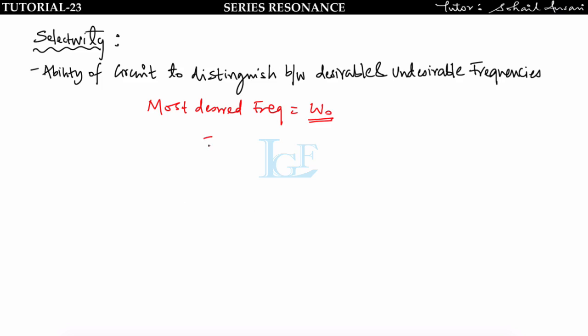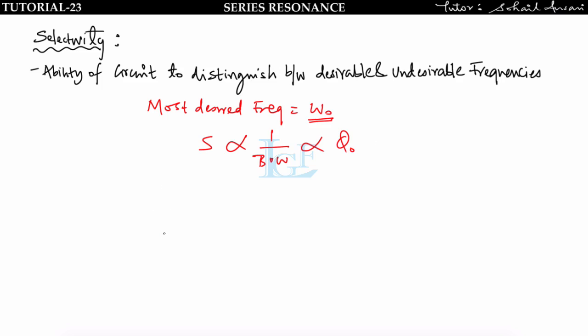So selectivity is inversely proportional to bandwidth, right? We can say that selectivity is directly proportional to quality factor. The higher the bandwidth, the more undesirable frequencies, that is, less selective.